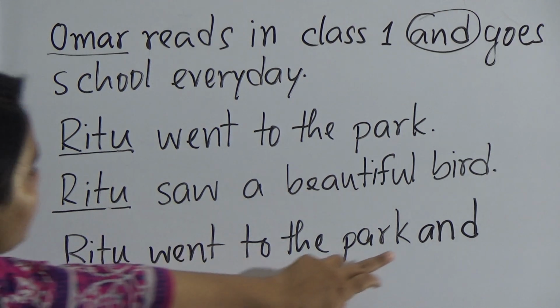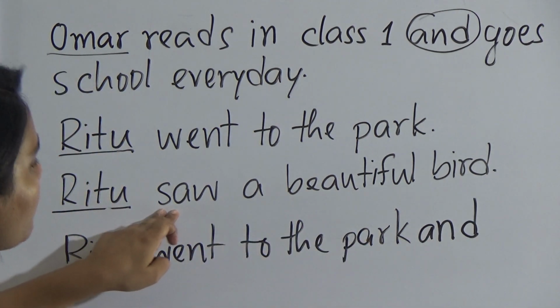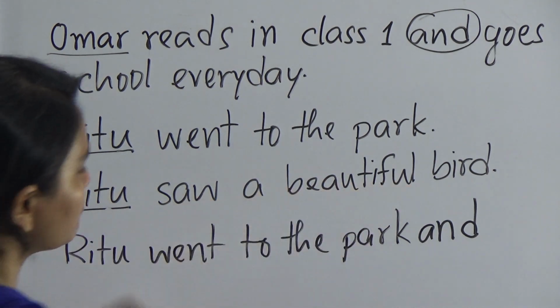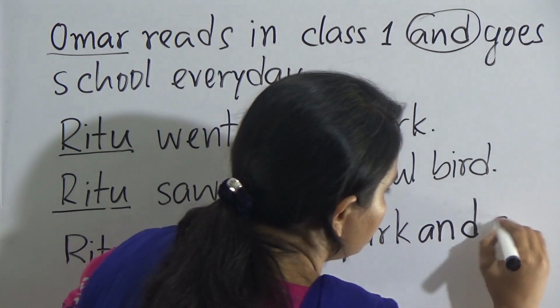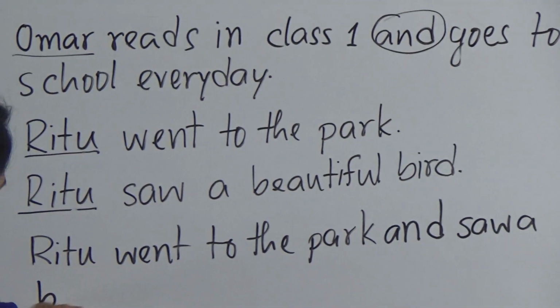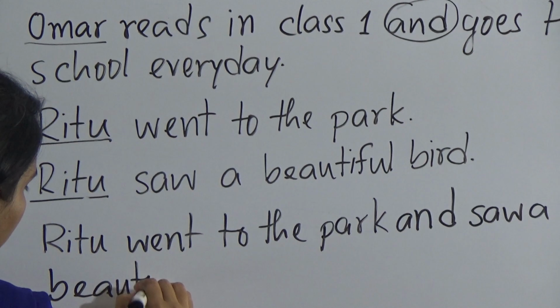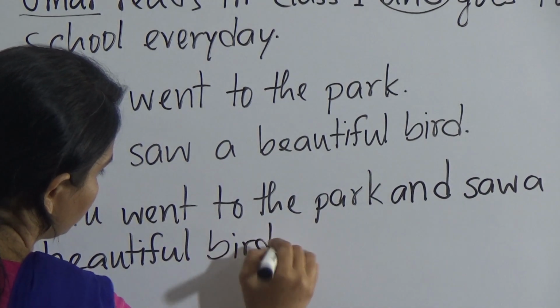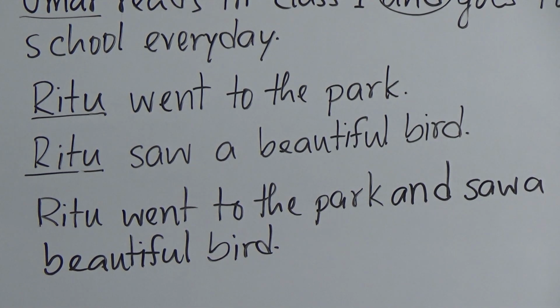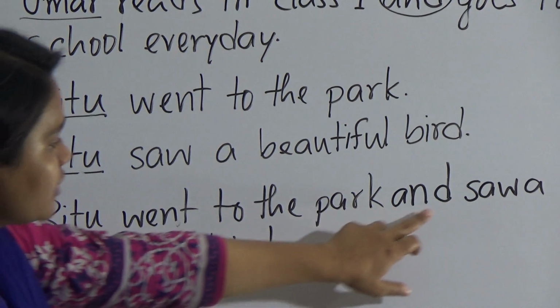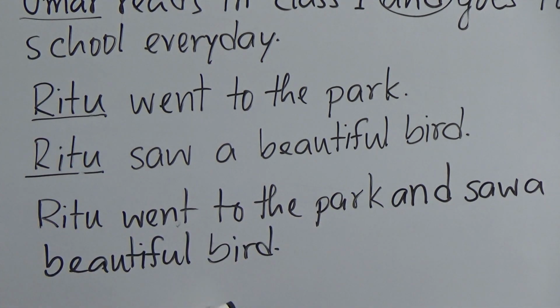So after writing and, we will write the rest of the sentence, that means saw a beautiful bird. So Ritu went to the park and saw a beautiful bird.